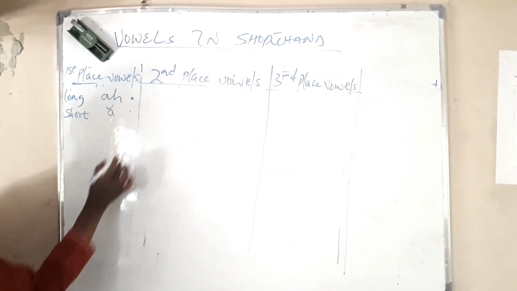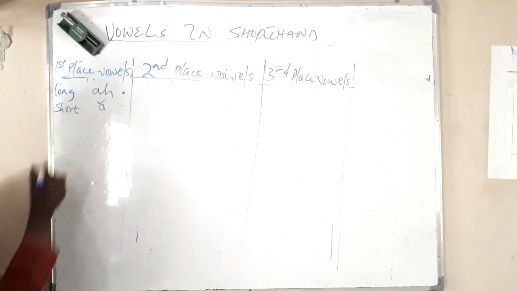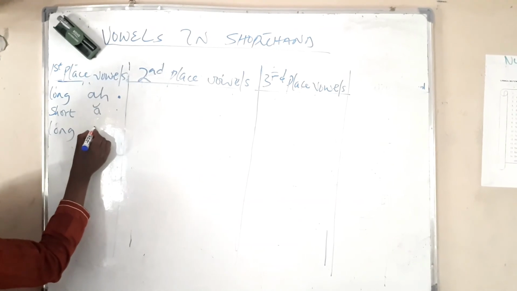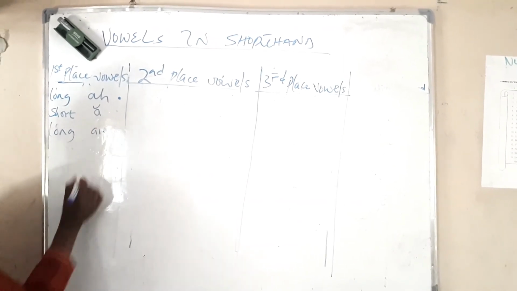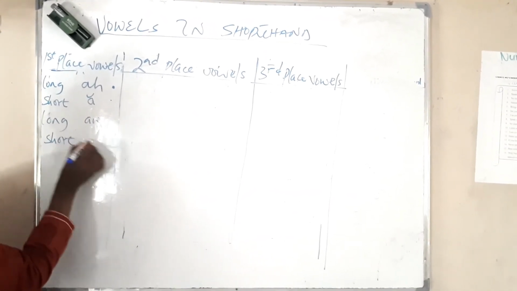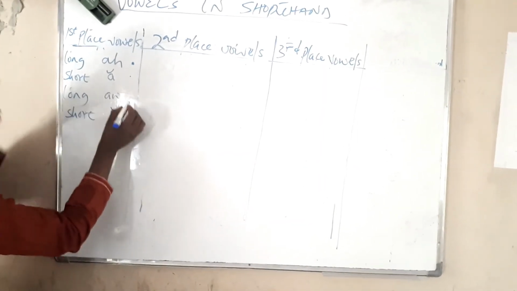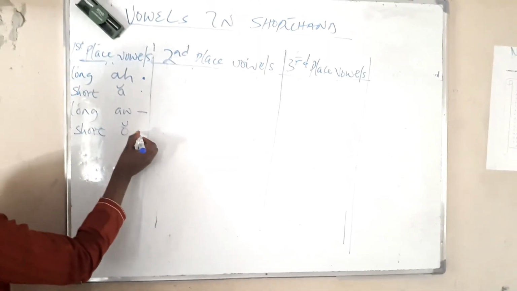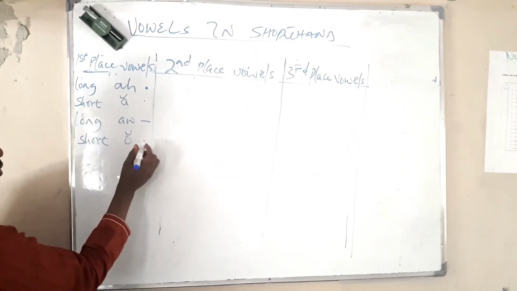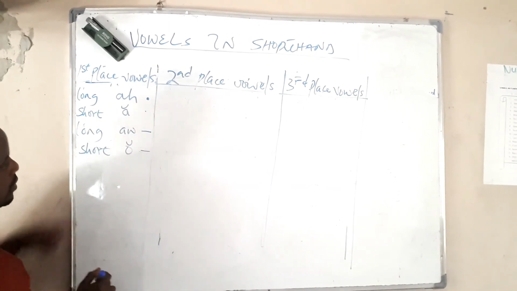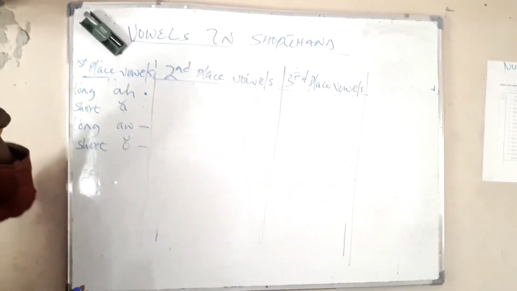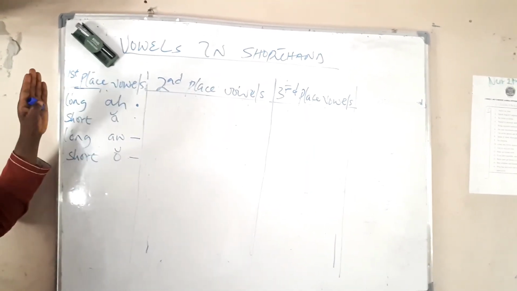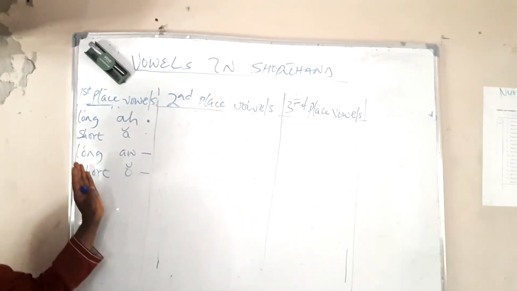Then we have long A and short A, represented by a heavy dash and a light dash. This is heavy dash. This is light dash. This is heavy dot. This is light dot. These are the 4 vowels that we have for first place vowels.